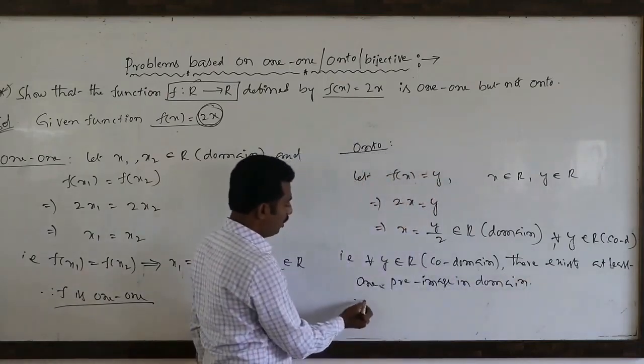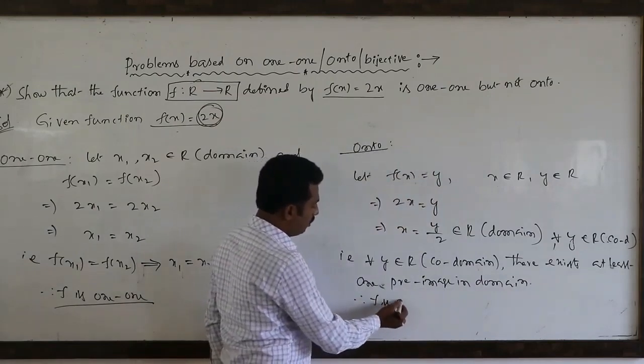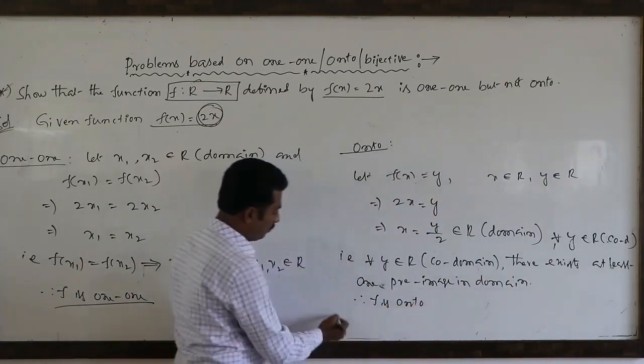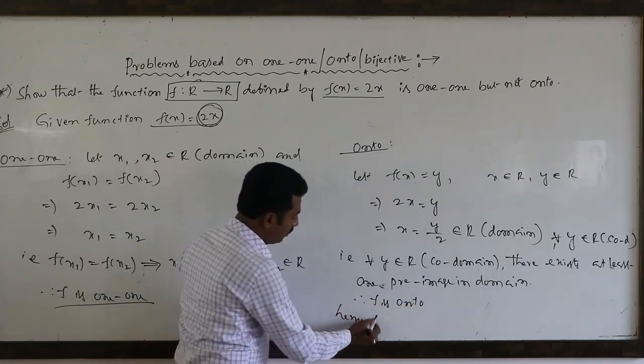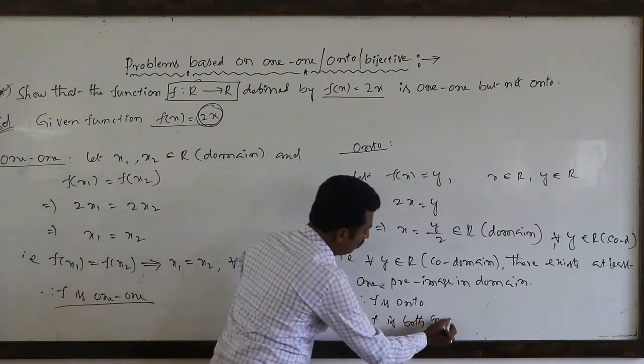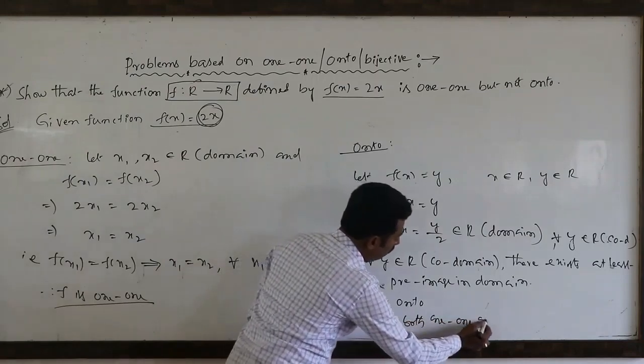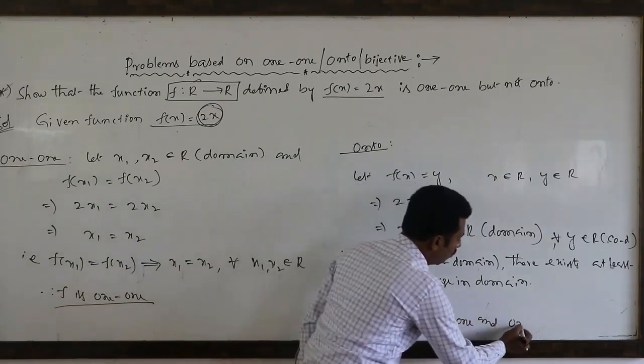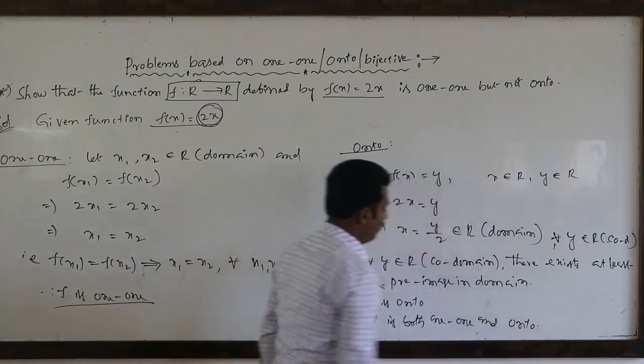Therefore, f is onto. Hence, f is both 1 1 and onto. It is bijective.